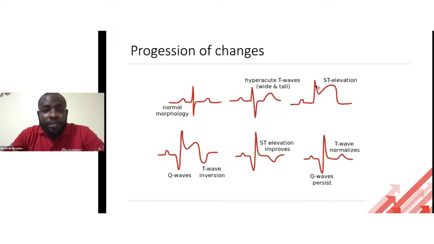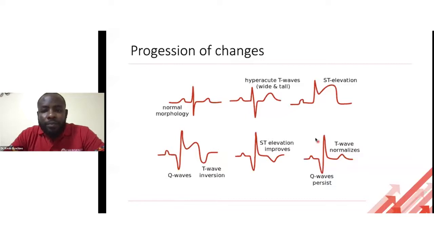And this is actually the point at which we want to intervene. You want to give a thrombolytic drug, you want to do PCI, okay, because you already have ST elevation. Then this progresses to T wave inversions, you develop Q waves, and then ST elevation improves, then the T wave normalizes.